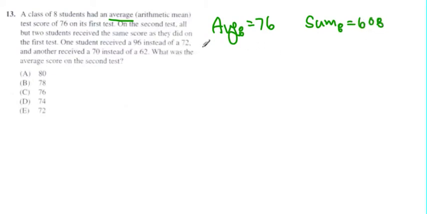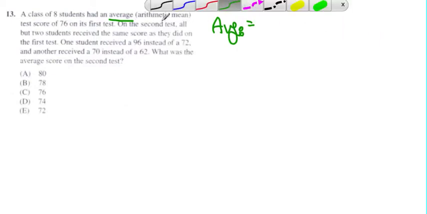Now, oh, in fact, actually I misread it. I'm sorry about that. So here we have 76 on his first test, and then on the second test, all but 2 students received the same score as they did on the first test. Oh, in fact, actually, my bad. Yes.